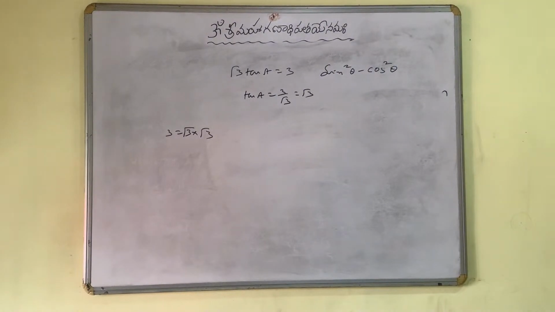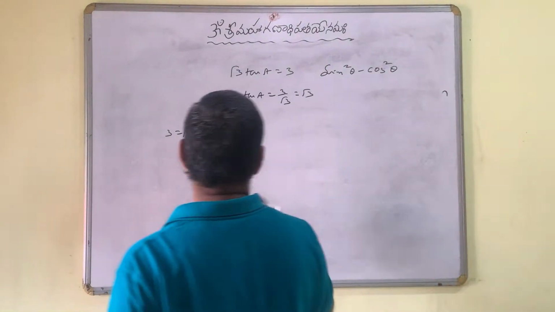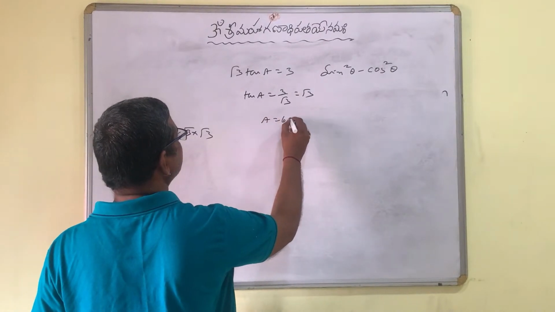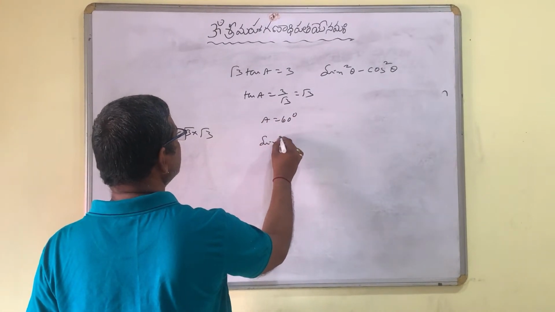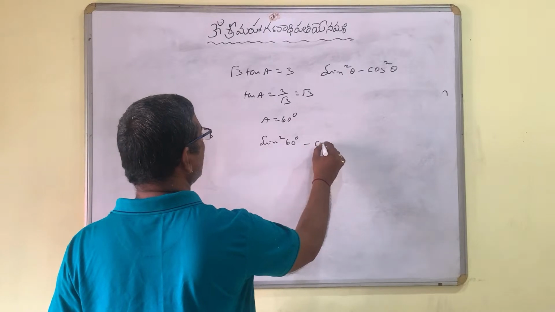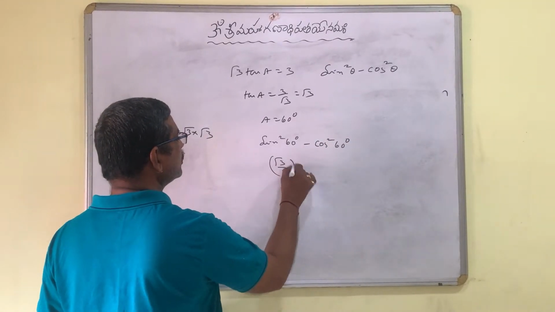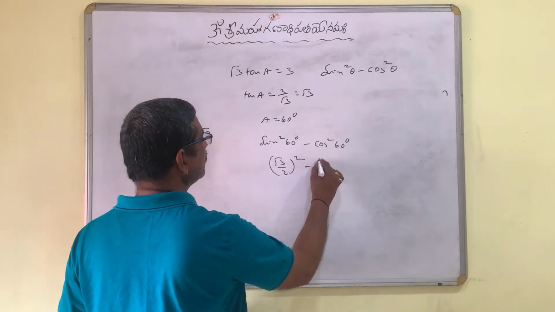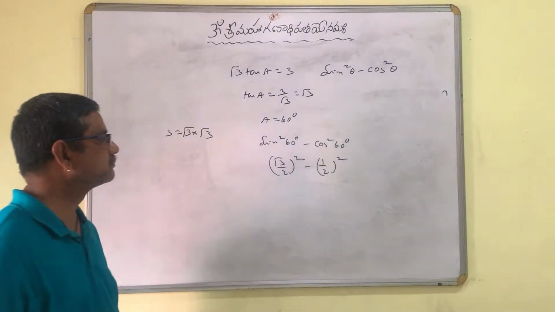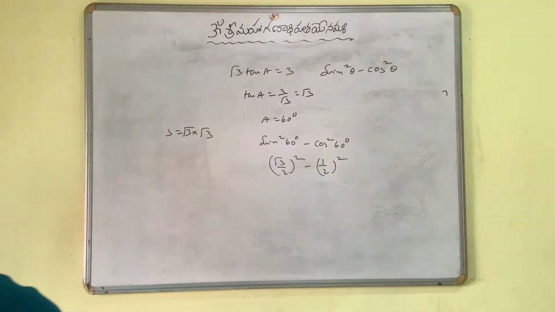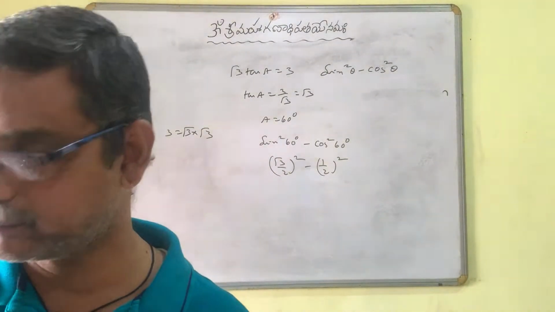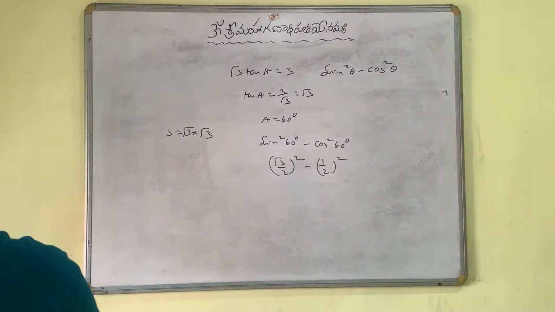So tan A is 3/√3 which is nothing but √3. Is that right? Then A is 60 degrees. So sin square 60 minus cos square 60: (√3/2) whole square minus (1/2) whole square, 3/4 minus 1/4 which is 1/2. Answer 1/2.